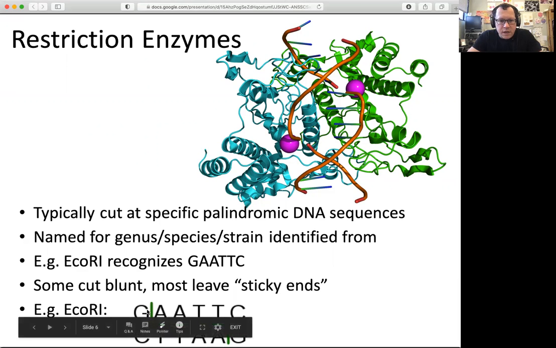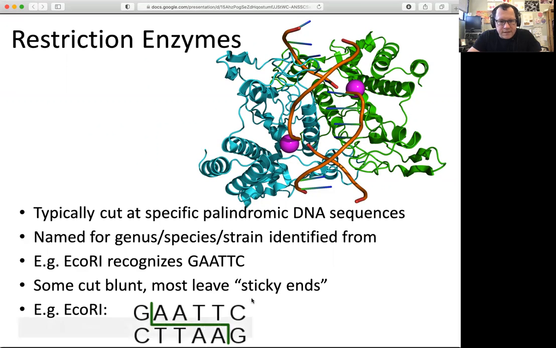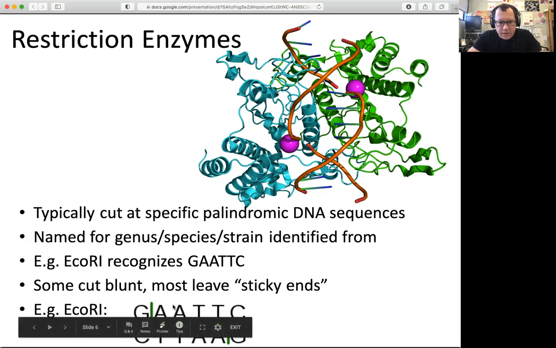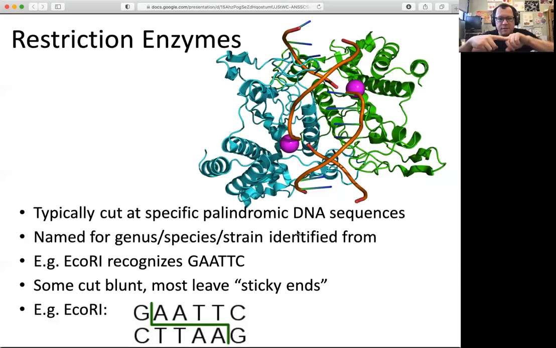So on this strand, it gets cut like this. It leaves these single-stranded regions, the AATTC on this side and the AATTC going this direction. Since they're single stranded and complementary to one another, they can base pair with one another.